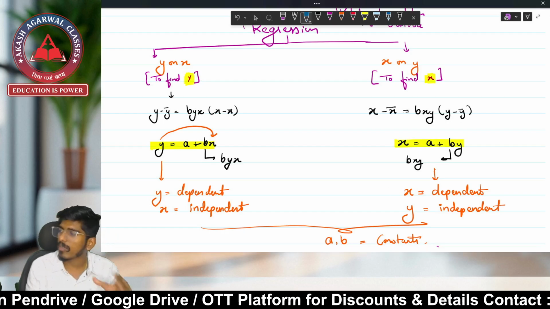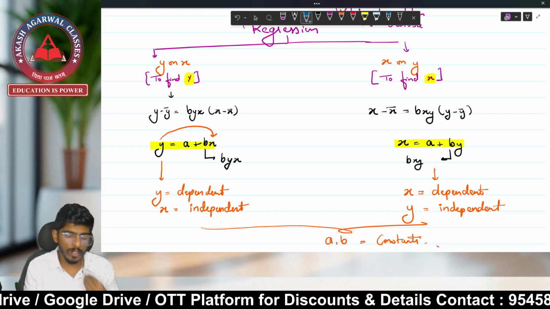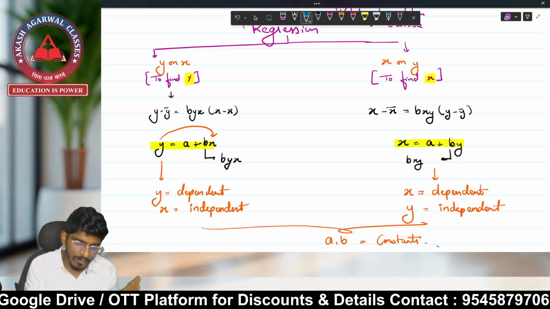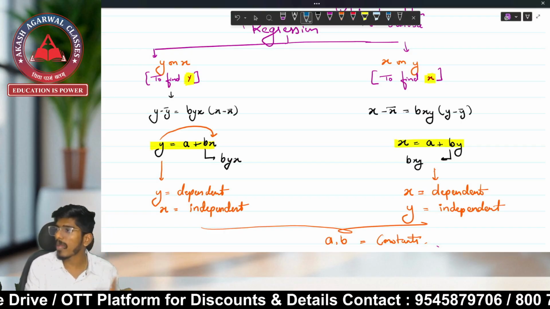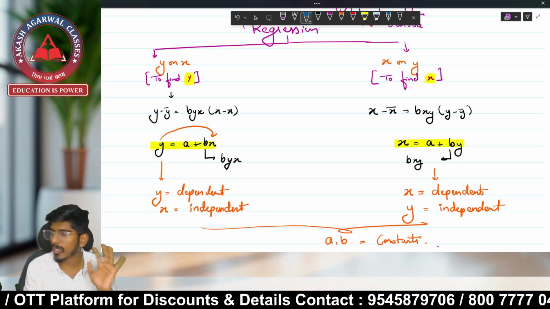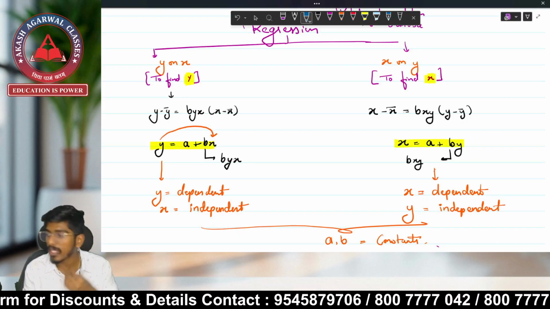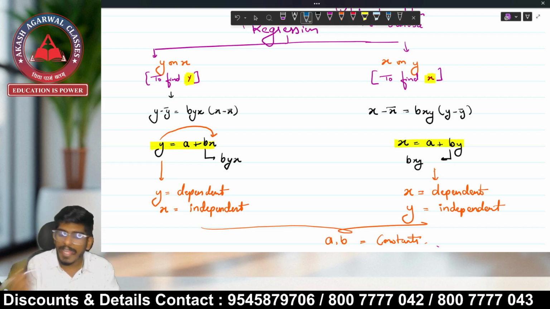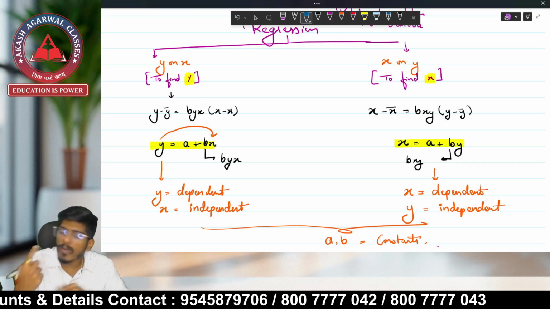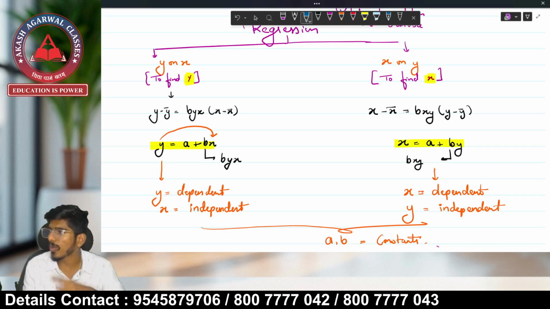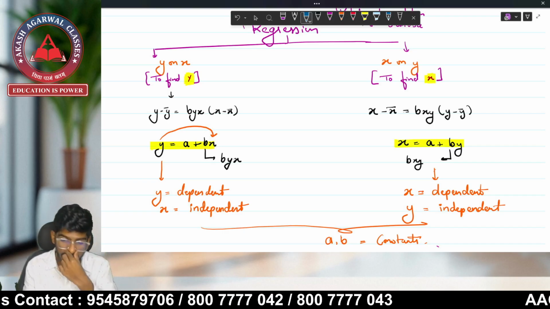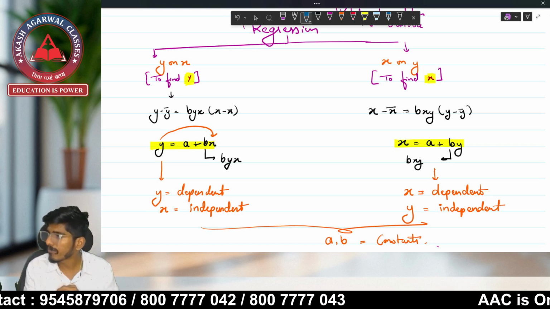I have given you two equations: y minus y bar equals byx into x minus x bar, and the other equation is y equals a plus bx. When I want to find x, I am going to use x on y's equation. X on y's equation is x minus x bar equals bxy into y minus y bar.